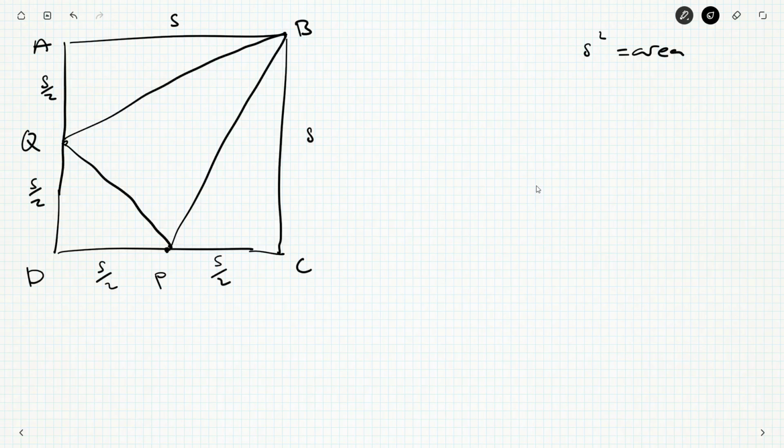So, what can we do? Now, we've got a bunch of right angles here, because it's a square, and squares are technically rectangles.